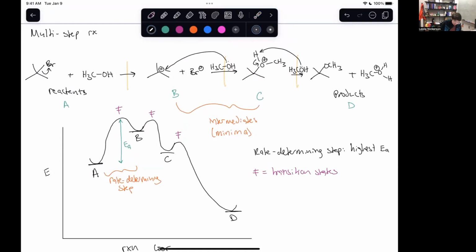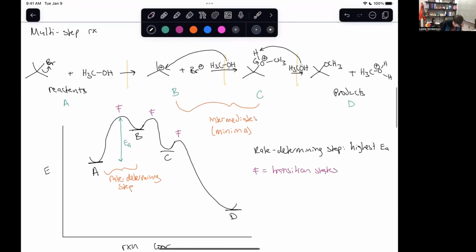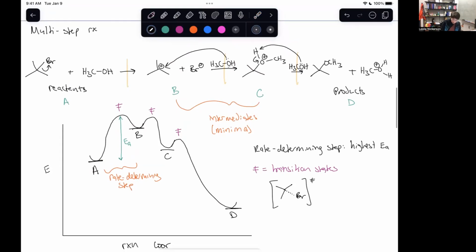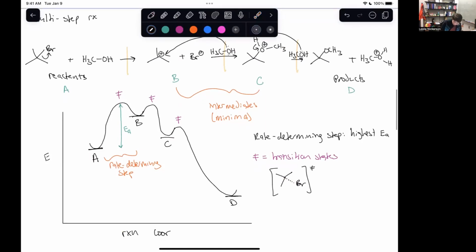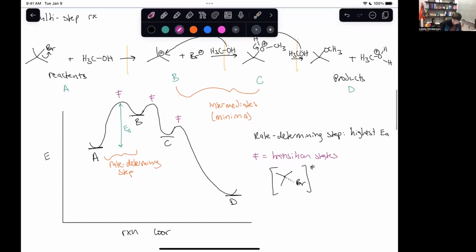So if we look at that first step between A and B, it's something like that, and you usually put brackets on it and a little double dagger. What it's indicating is that this carbon to bromine bond is in the middle of being broken. It's not yet fully broken, and the other is still not fully formed. Anything that is a bond that's broken or formed is going to get that dotted line.